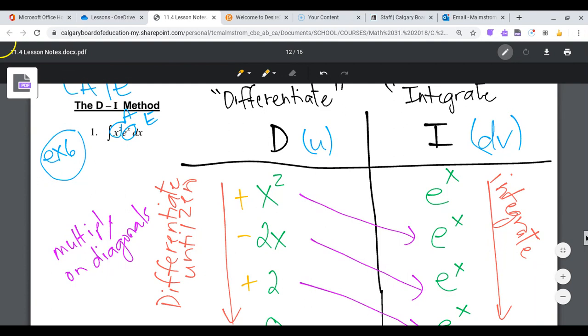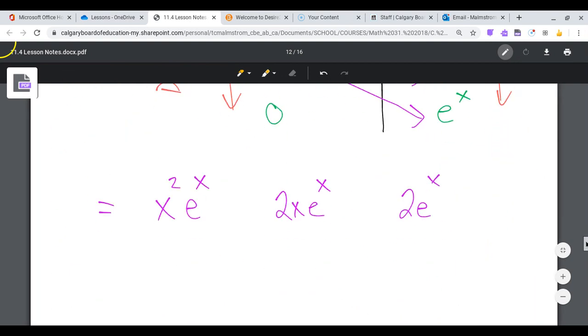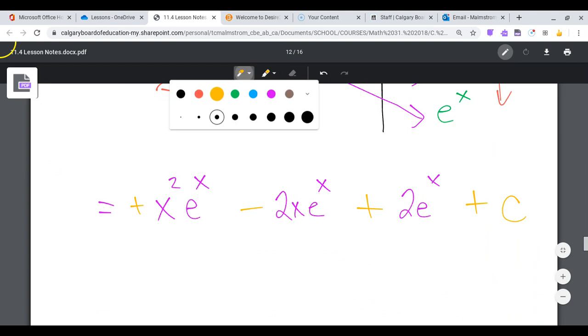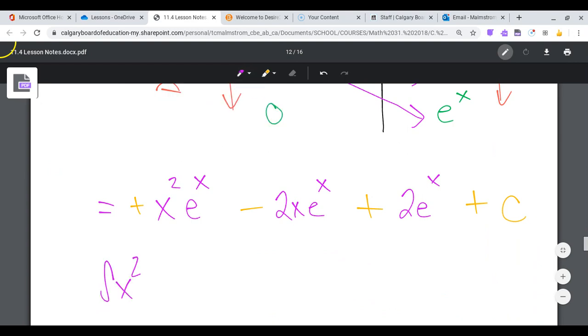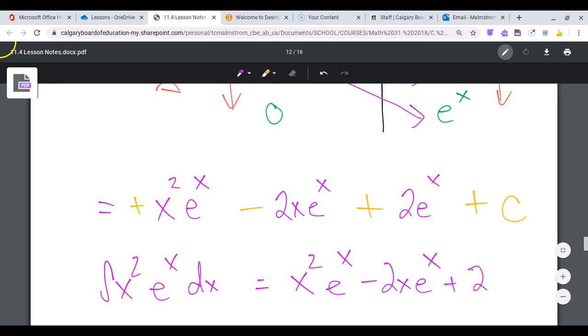And then the 0 is not going to be used. So this is positive, negative, positive, and then of course you're going to need to have your plus c. There's the answer. So the integral of x squared e to the x dx is equal to x squared e to the x minus 2x e to the x plus 2 e to the power of x plus c.